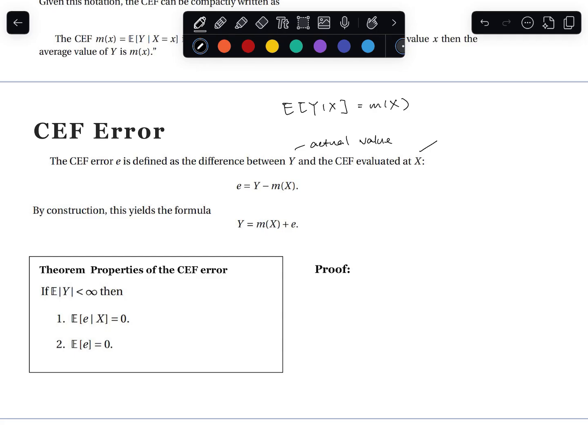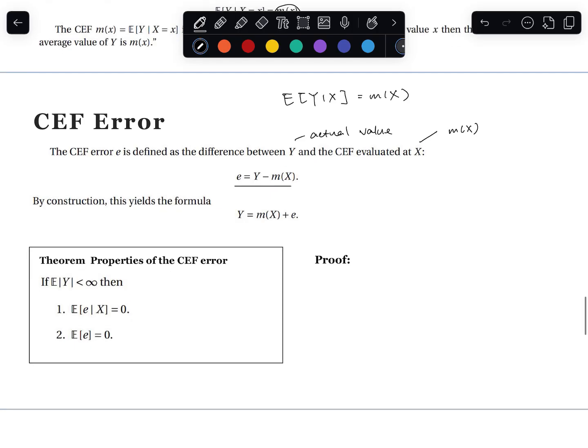So the notation will look like this one. And we can rewrite it by putting e to the other side, and it will look like this.